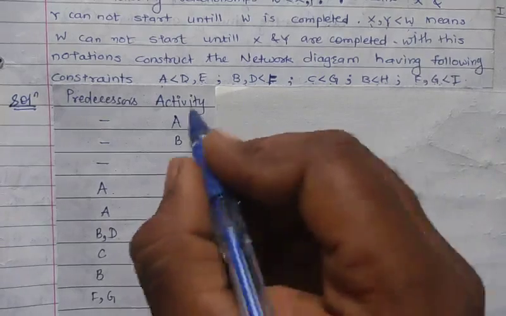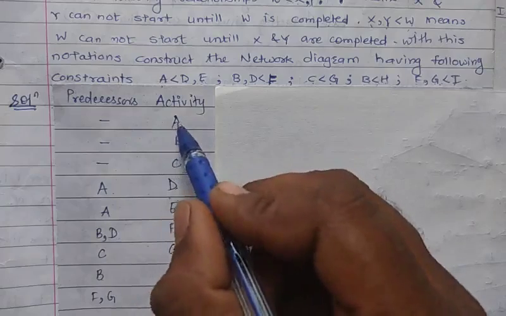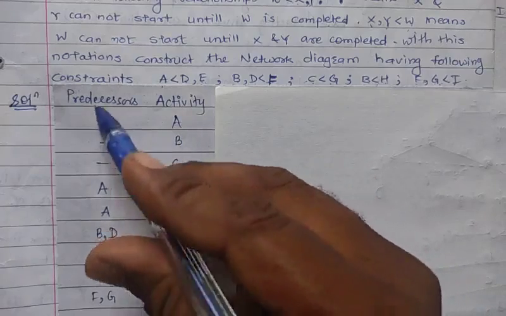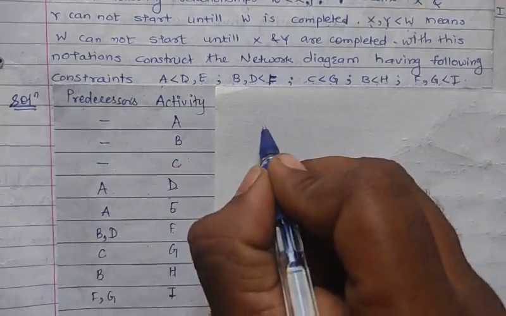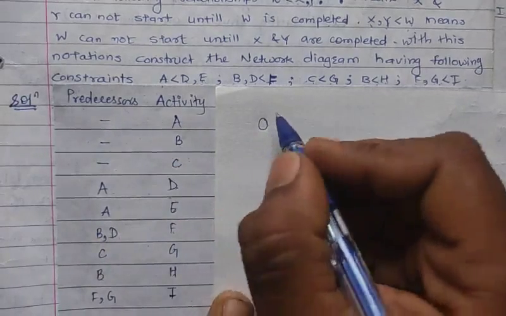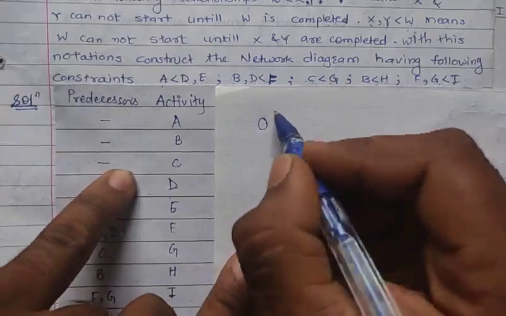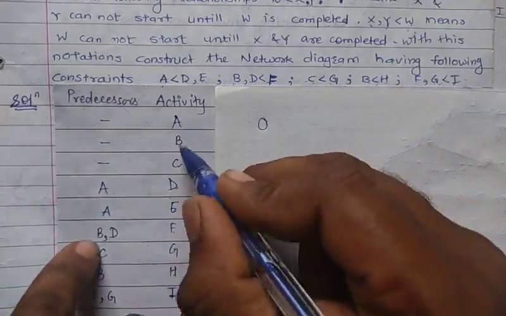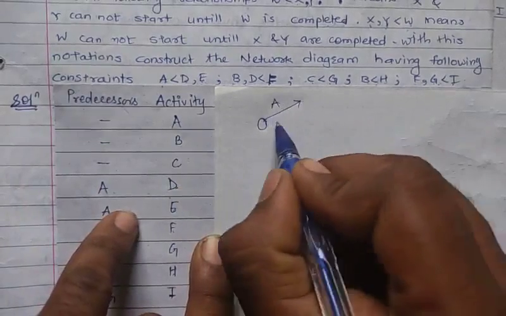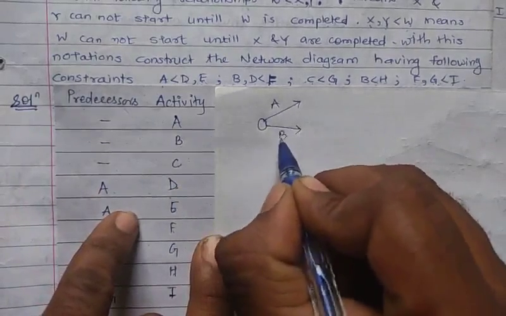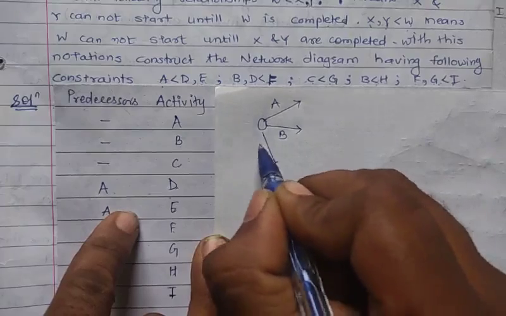So let's draw. Here A, B and C have no predecessor activity, right? So we take one single event as the start point for A, B and C from that event.